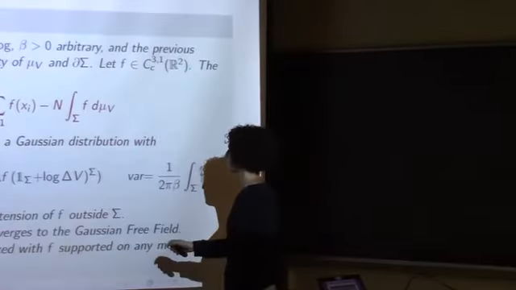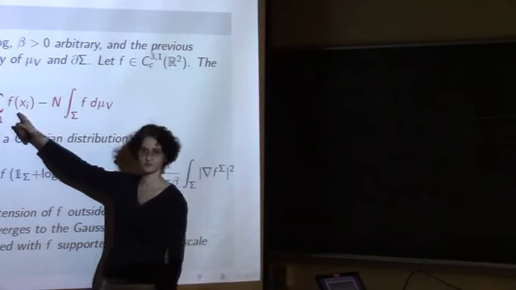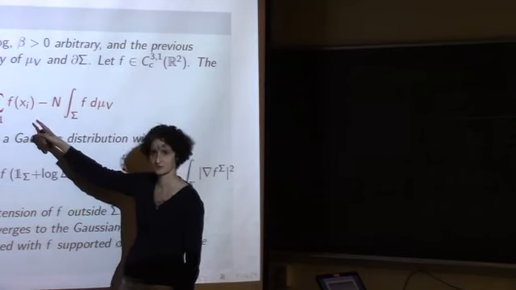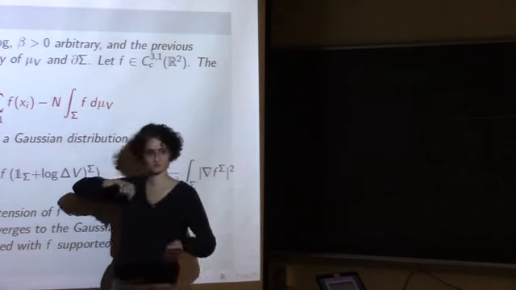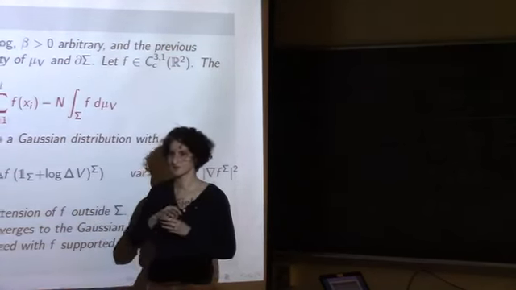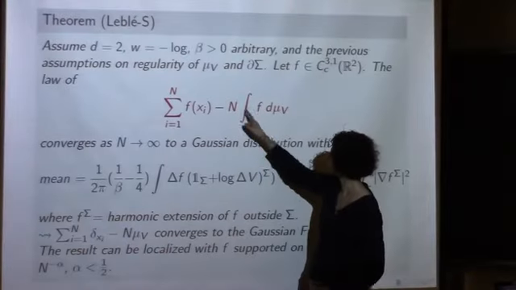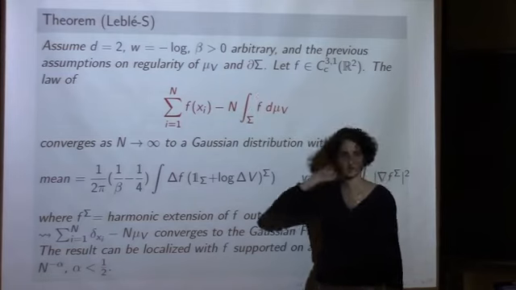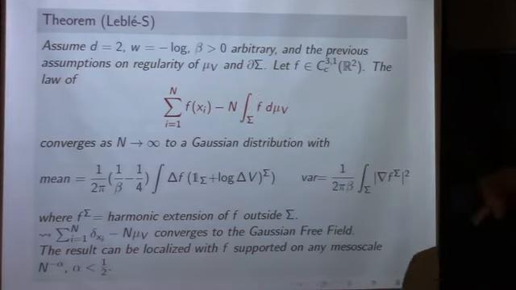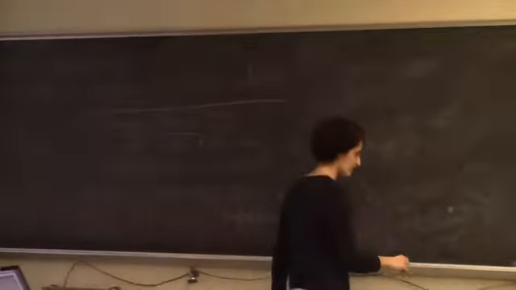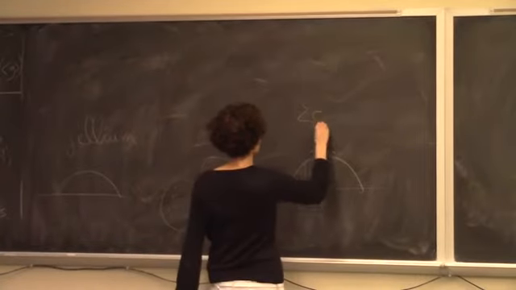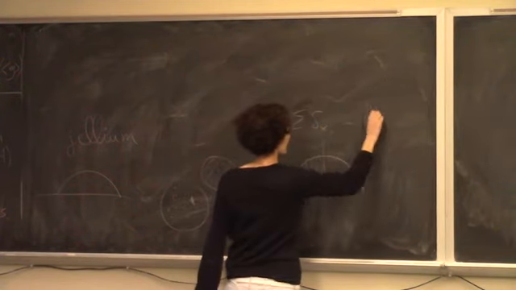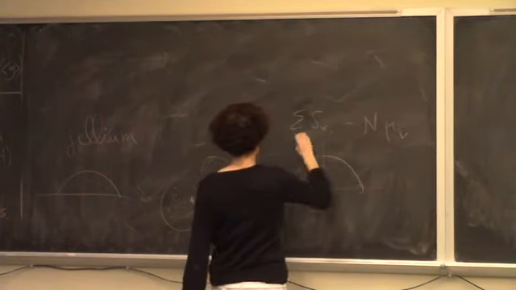So what are we doing here? We're taking a test function f, and we're forming the sum of f of xi. As we know, the sum of deltas at xi should behave like n times the equilibrium measure. So we're taking this minus what we expect it should behave like. This is a way of measuring how far the sum of delta xi is from n times the equilibrium measure.